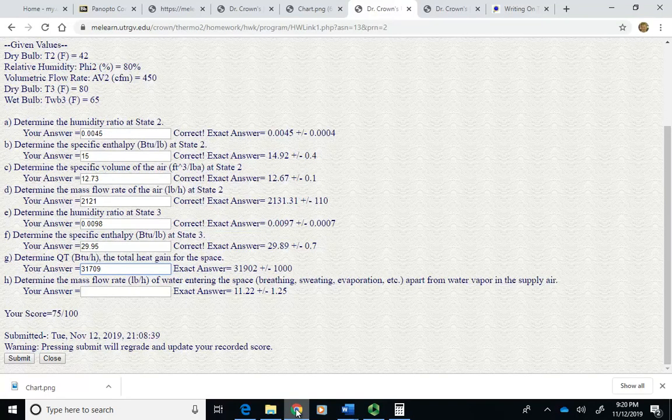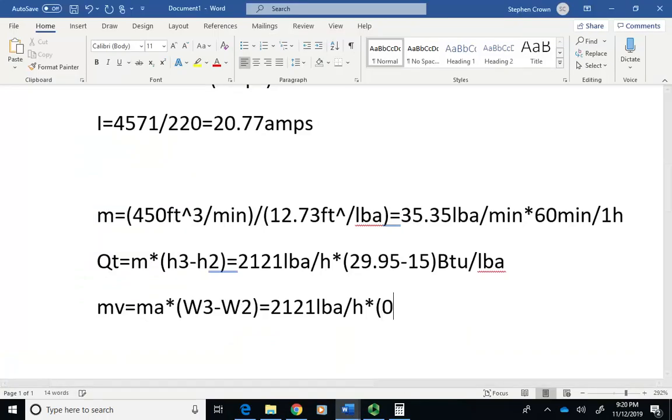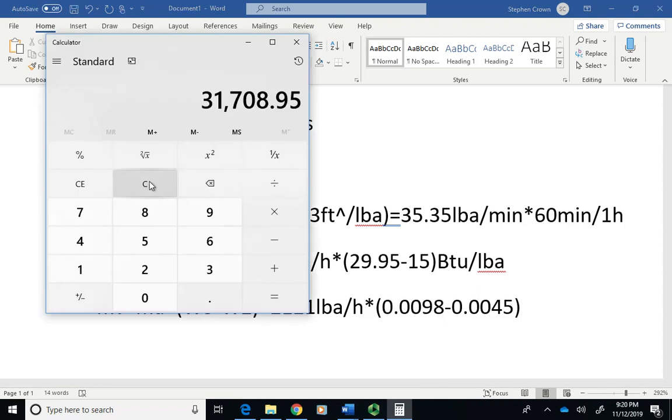Back here, humidity ratio was 0.0098 and 0.0045. So if I do those, I get 11.24.